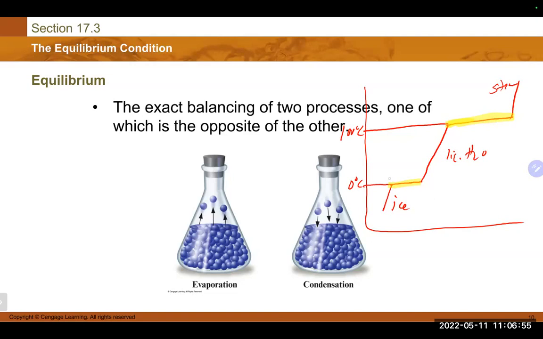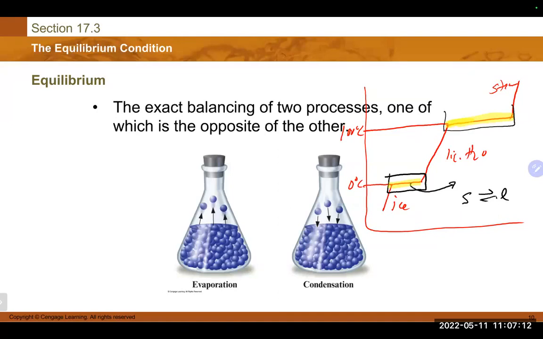When you're right at those transitions, it is a flat line here, and you actually do have both phases in equilibrium with each other. So at 0 degrees Celsius for water, you have some ice and some liquid water, and they are in equilibrium with each other.